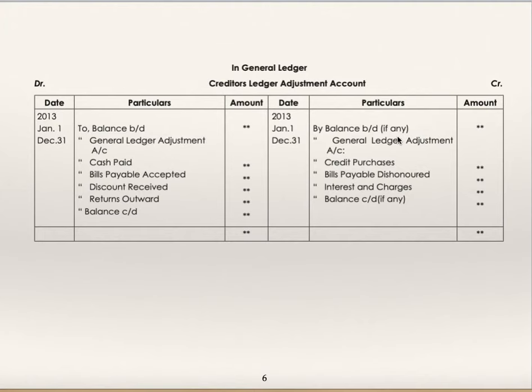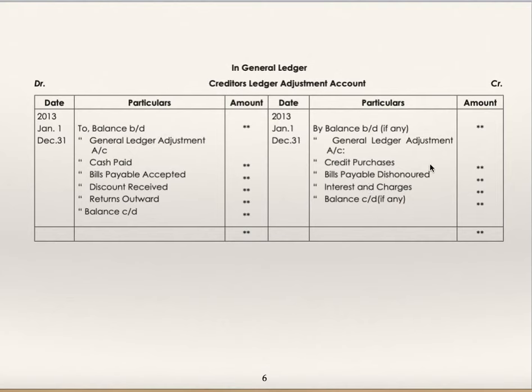Creditors will always have opening credit balance. By balance brought down, it is always there, and to balance brought down if any. Make a change here, rub this, cancel this, it is to be on the debit side. Then the main heading by general ledger adjustment account and to general ledger adjustment account.